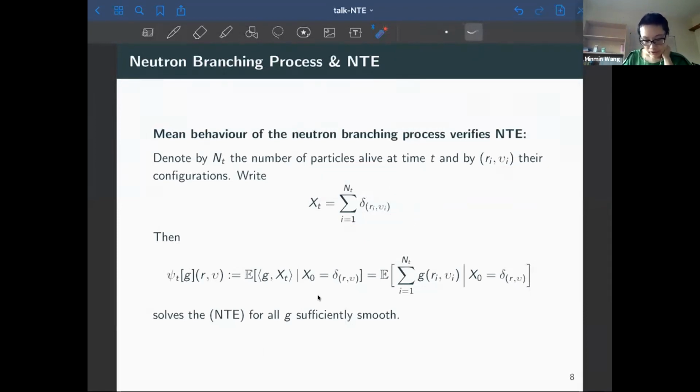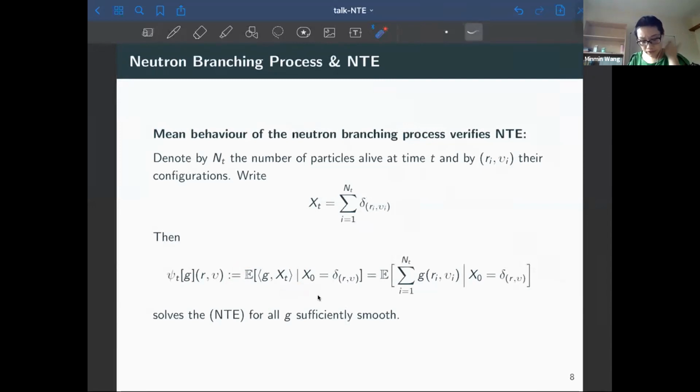I'll write X_t for this empirical measure, which is a random point measure. I take a function g, integrate g with respect to this random measure, take the expectation, and it turns out this corresponds exactly to the solution to the neutron transport equation with the initial condition g.